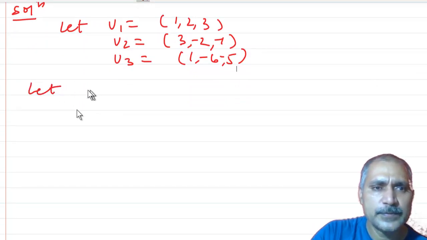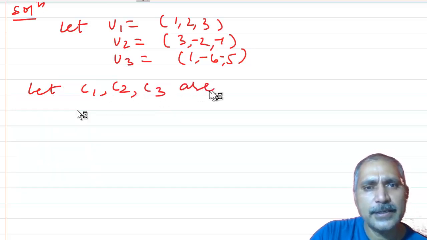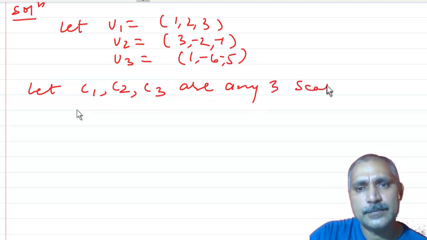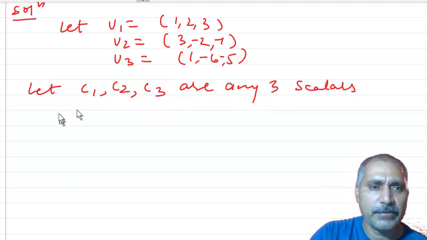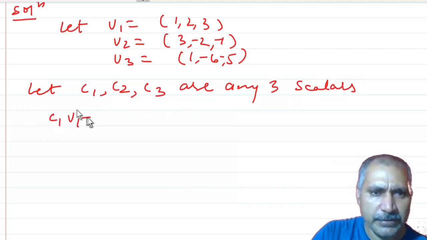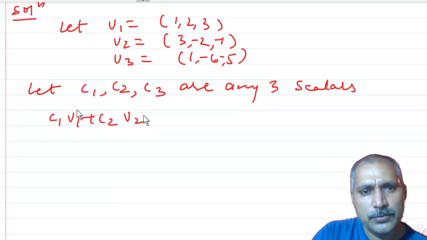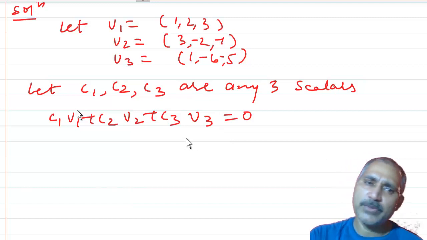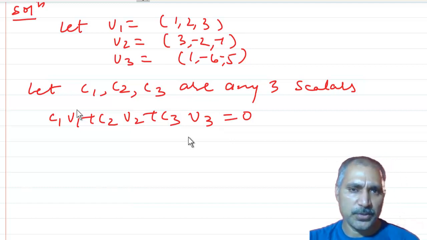Let C1, C2, C3 be the 3 scalars. We will take the linear combination, that is C1 V1 plus C2 V2 plus C3 V3, and compare that with the 0 vector. Our intention is to find the values of C1, C2, C3.